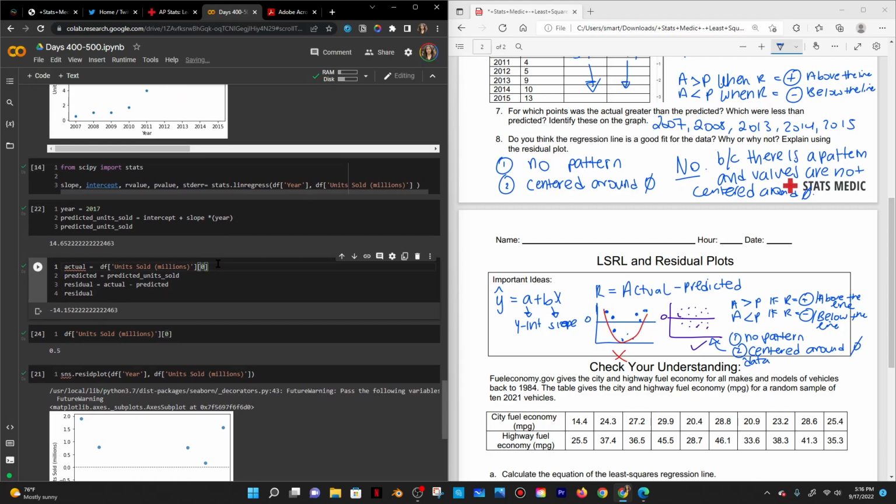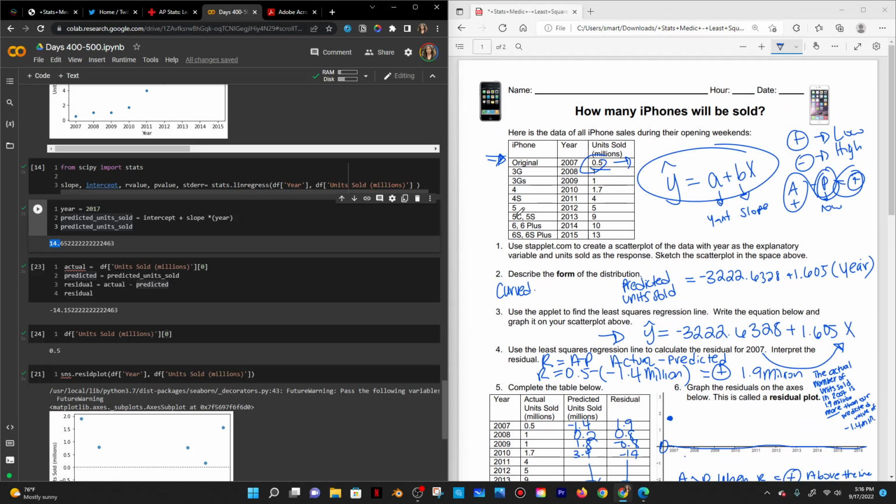We don't have the actual value, so we don't really need the residual. What we just need is the prediction. So the predicted units sold for the iPhone 8 is 14.7 million iPhones.